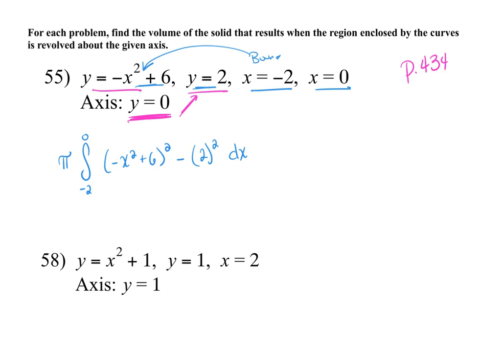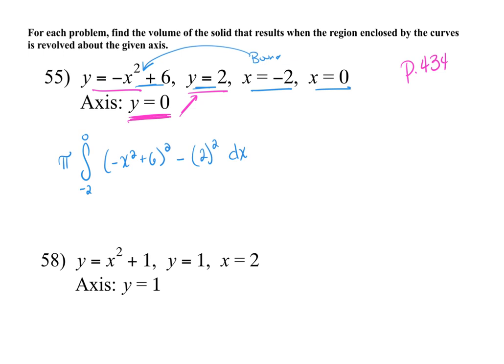If I was revolving around y equals 2, then I would have had both functions inside and then squared it. That's the difference, okay? But I'm not. I'm revolving around something that's separate, so I'm going to square and square, all right? And then that's just a matter of foiling and simplifying.